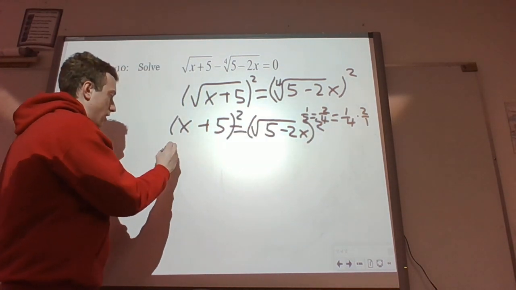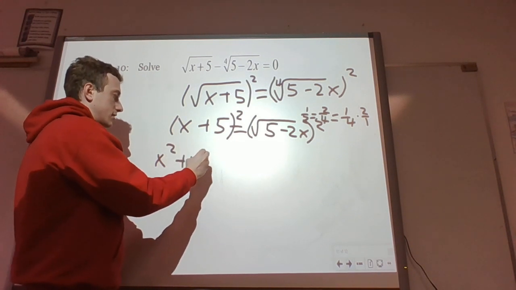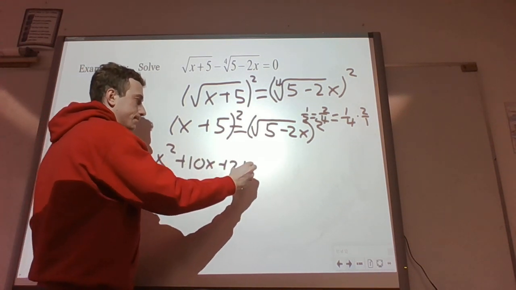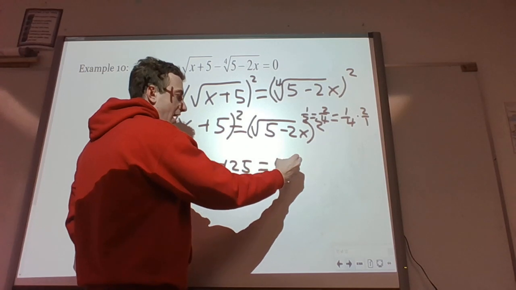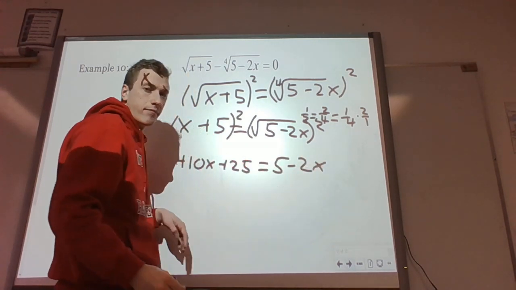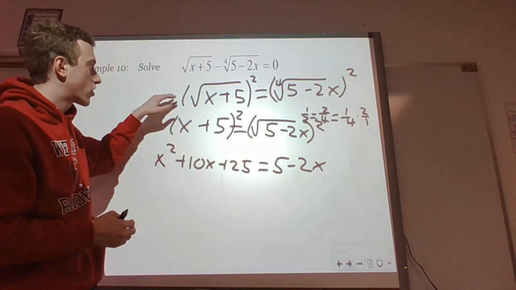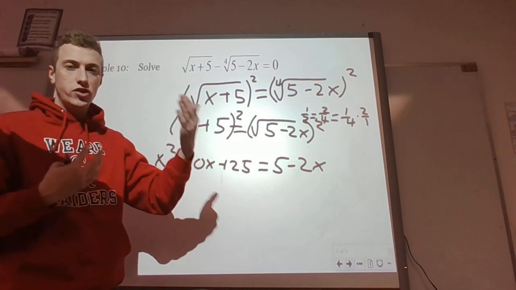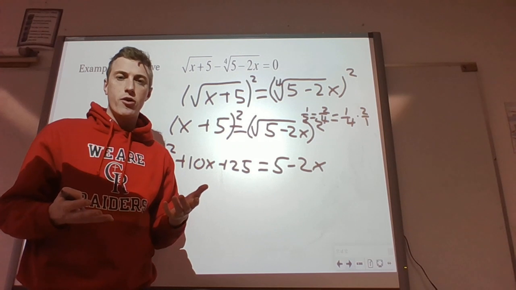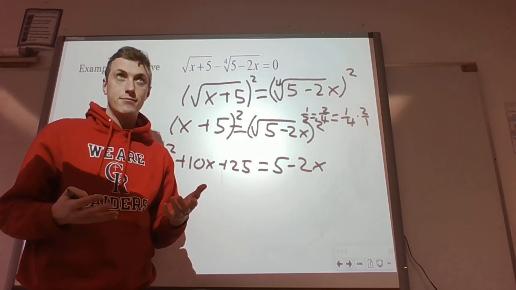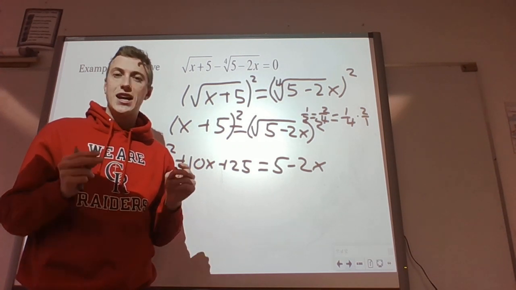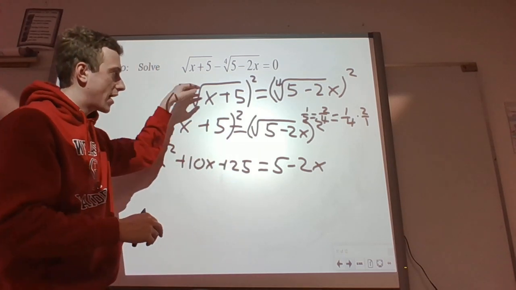So we have x squared plus 10x plus 25 equals 5 minus 2x. If you're really clever, I suppose you could have gone straight from this step, taking both sides to the 4th power right away.